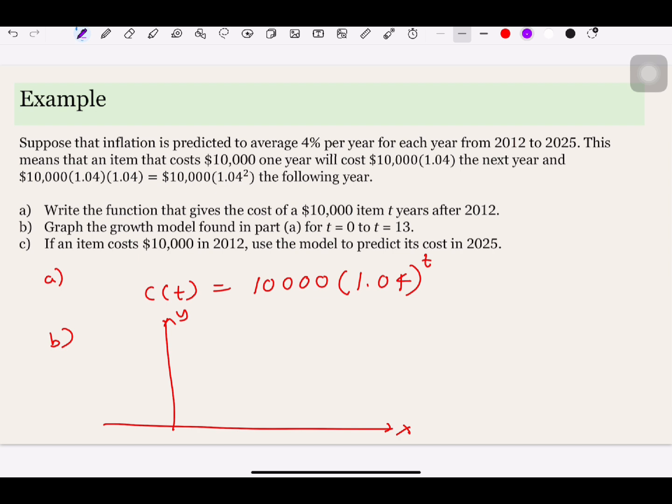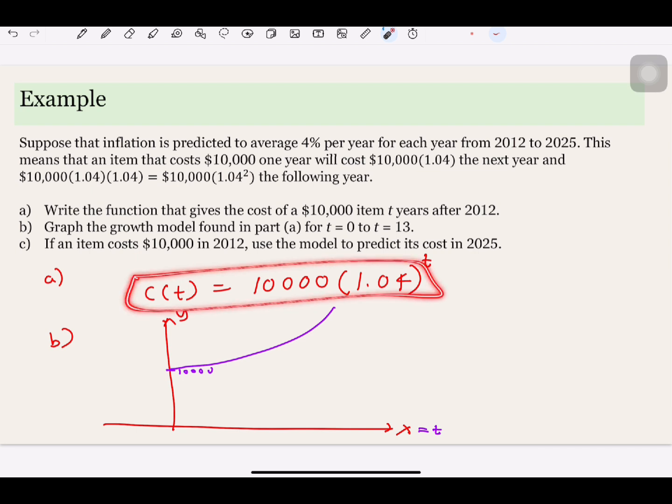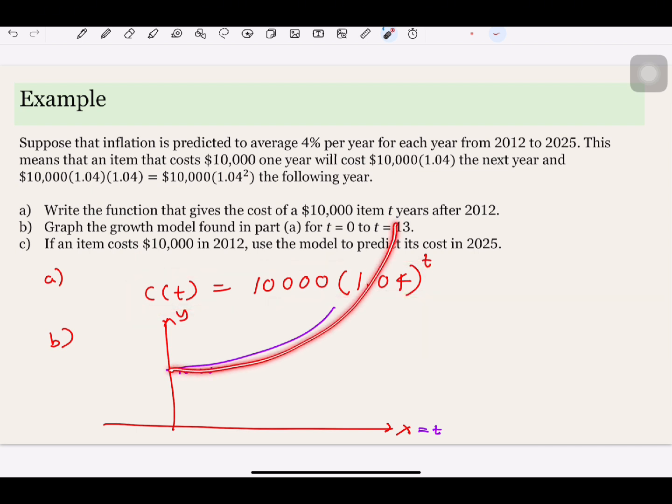The initial value will be around $10,000. Here x represents t. When t equals 0, the cost equals $10,000, which means it starts with 10,000 and then grows exponentially.